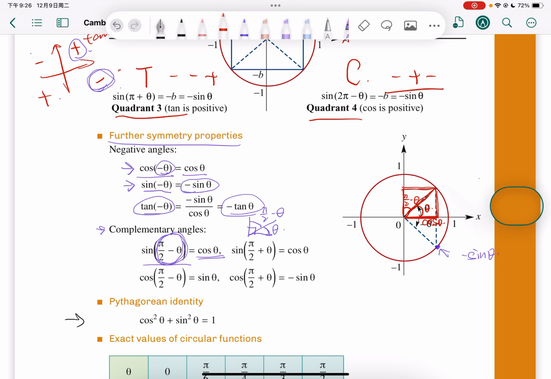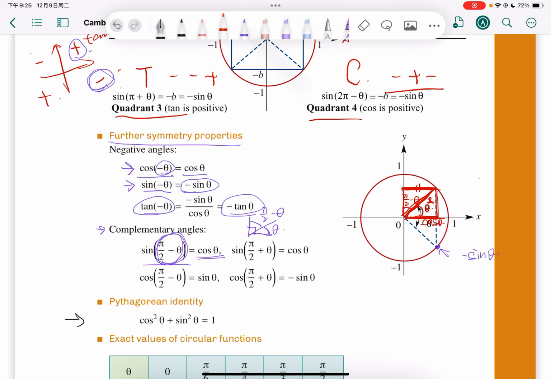is actually this side over here, right? Because sine is equal to this side divided by this side, where the hypotenuse should be 1. So that's why cos theta is equal to sine of pi on 2 minus theta.